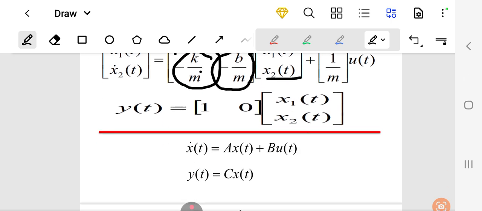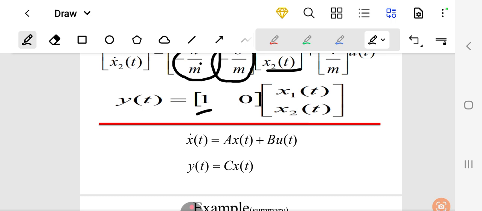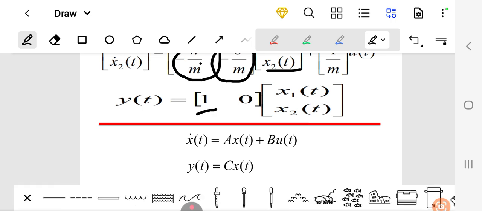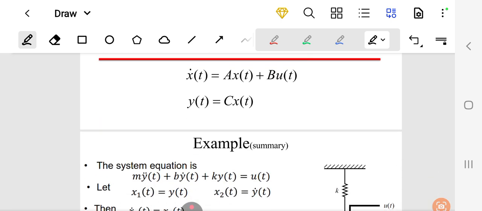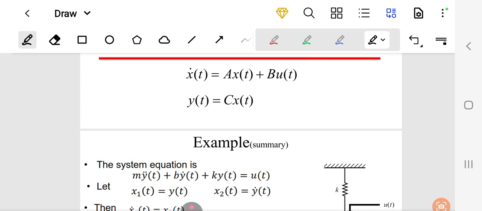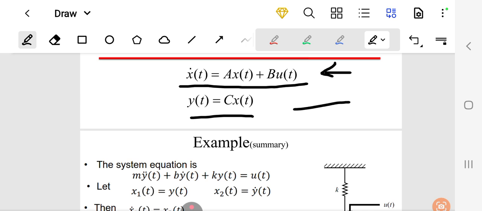For the output, y equals x1, 1 times x1 and 0 times x2. The general form of the state space equation is x dot equals Ax plus Bu and y equals Cx. Those are the two equations, the state derivative equation and the output equation.